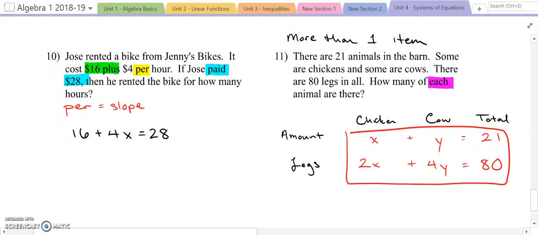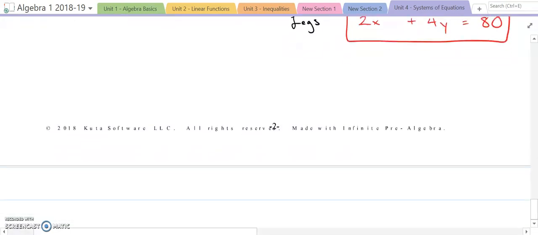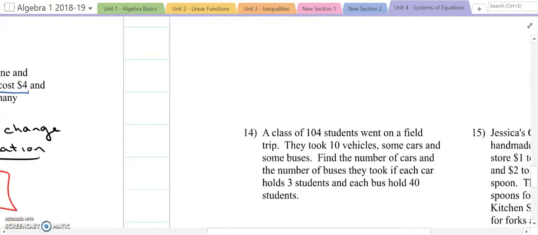When I give you labels like animals versus legs, that's going to tell you that those are your two equations that you have to deal with. That's different. It's new. Good luck with number 12 because I just want to talk about number 13.